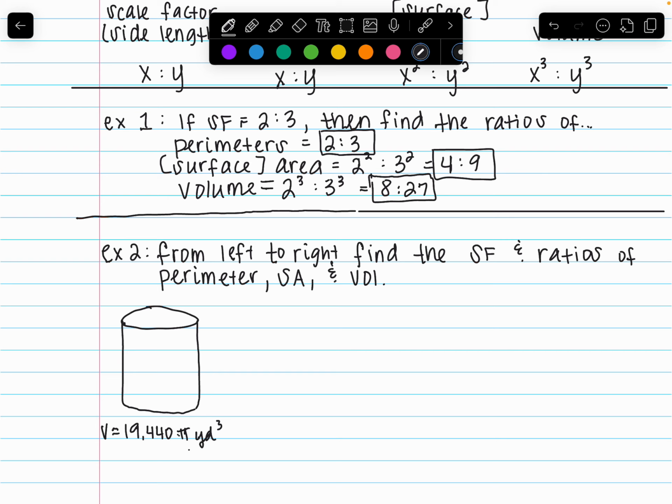Since it's volume, it's cubic yards. And we're going to draw a smaller cylinder. My drawings are amazing. Thank you. And this volume is going to be 11,250 pi cubic yards.